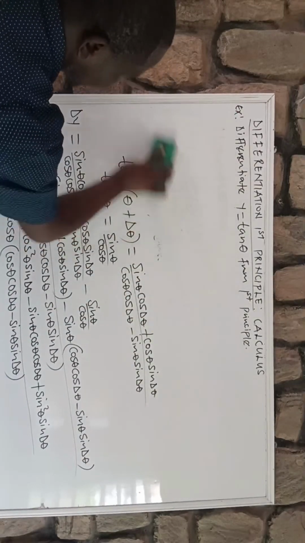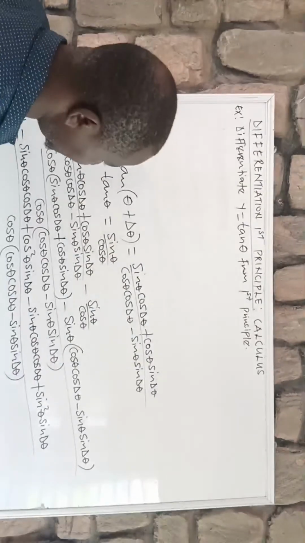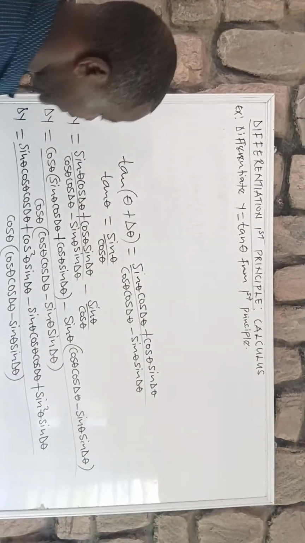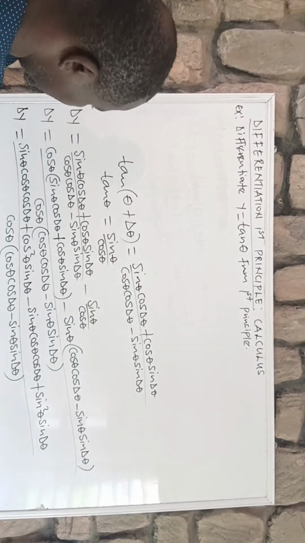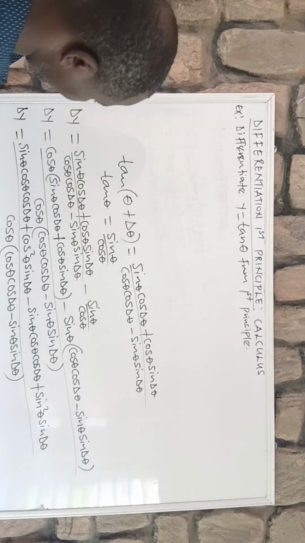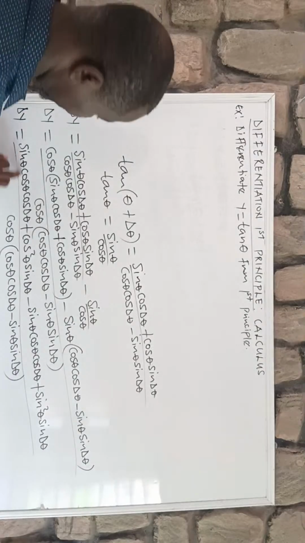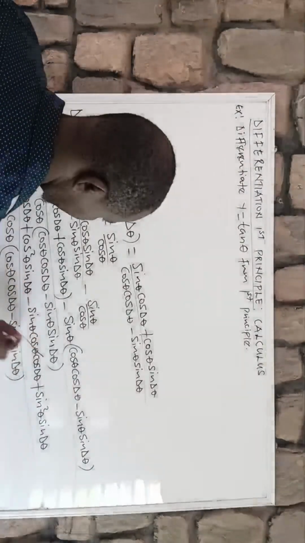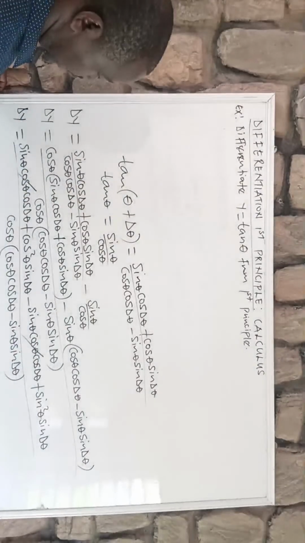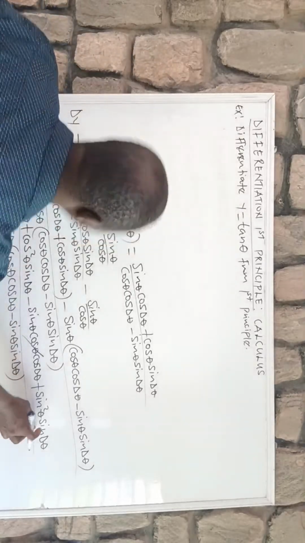Let me clean this up. Okay. So if you can see what I am saying, you don't need a prophet to tell you this and this can cancel. This is positive, this is negative, right? So this and this will go. It means we are going to be left with this and this, right?